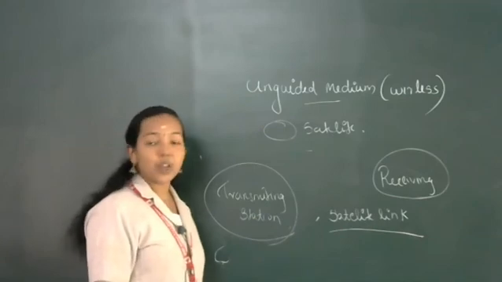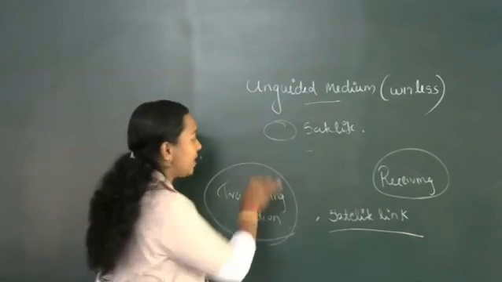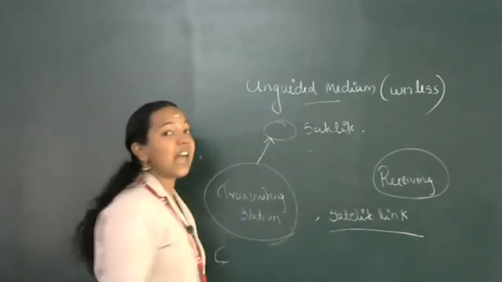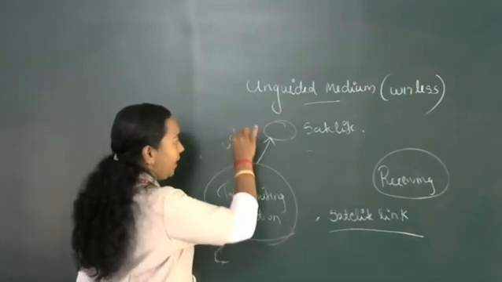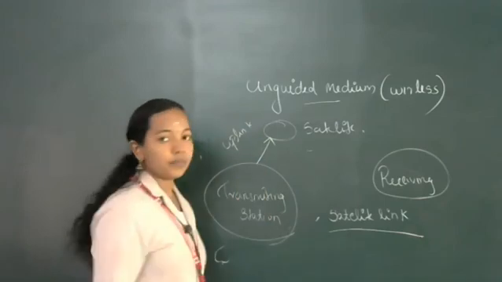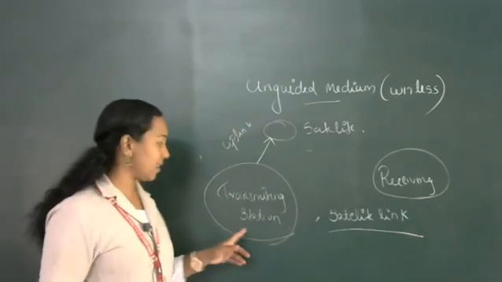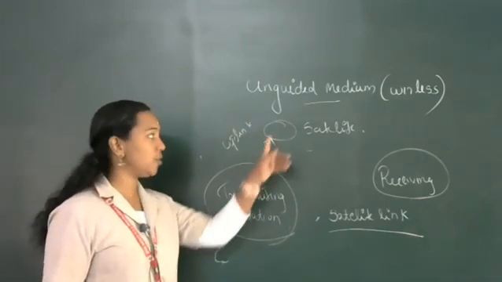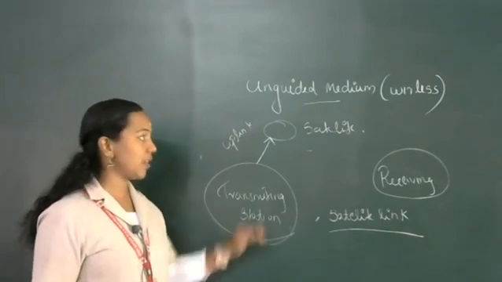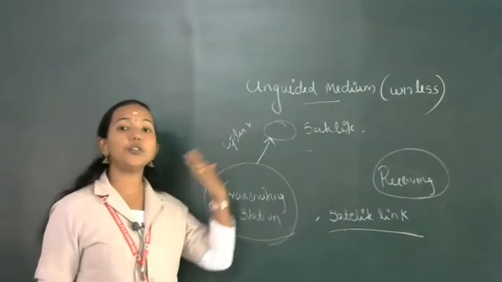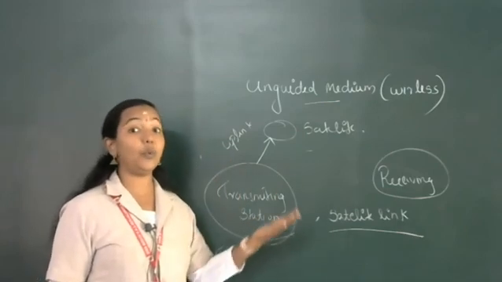So using the transmitting station we can transfer data to the satellite. This is known as uplink frequency. We can transfer data from the transmitting station to the satellite. When we are transmitting data from the ground station to the satellite, we want to use a higher frequency level.